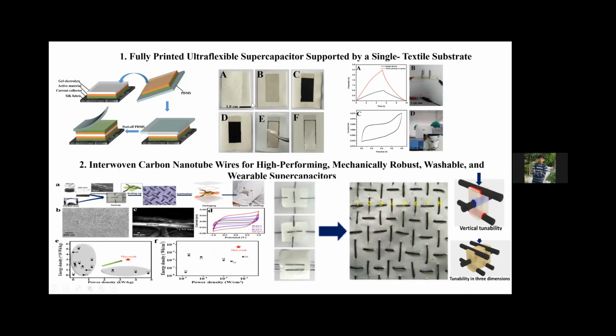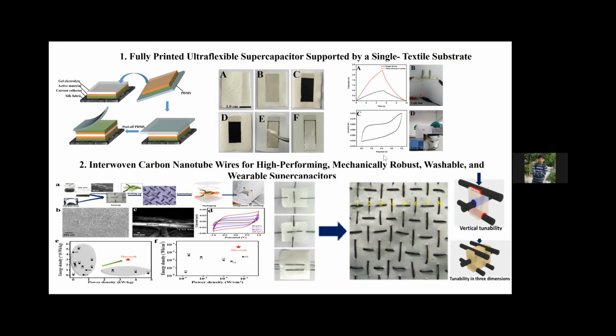Suppose this is normal textile clothing, and on silk fabric they deposit the current collectors and then their materials, and make the electrolyte like this, and make the device, which can light up the LED. It also has good electrochemical performance, and this type of supercapacitor can be used in clothes.